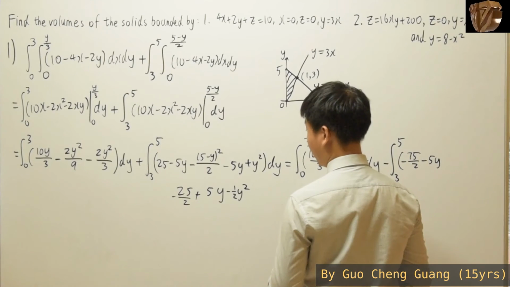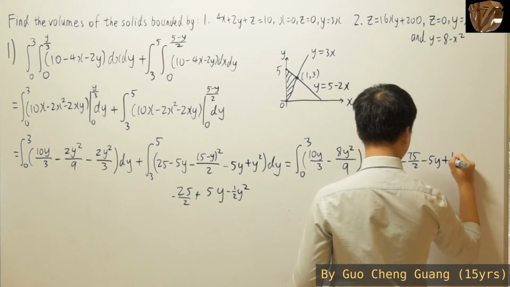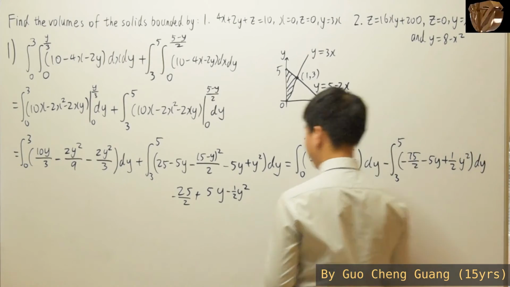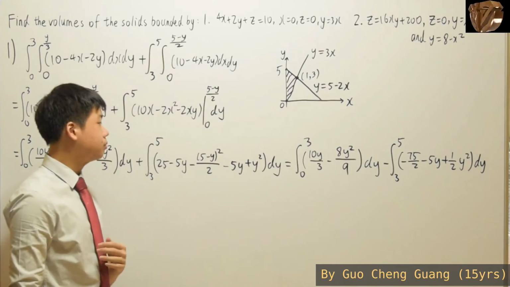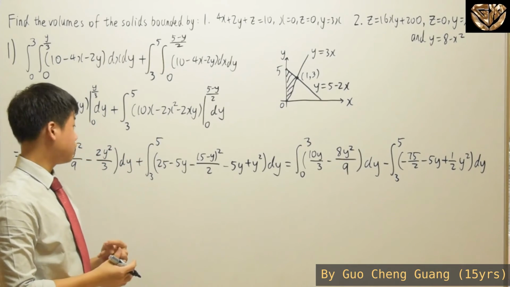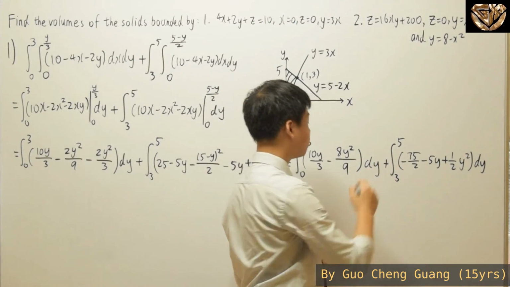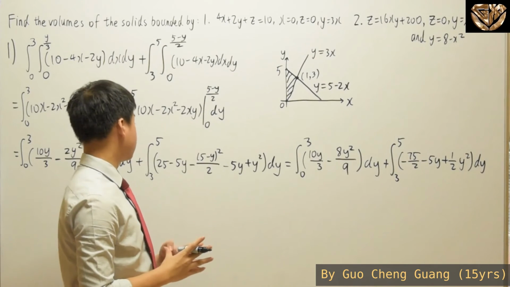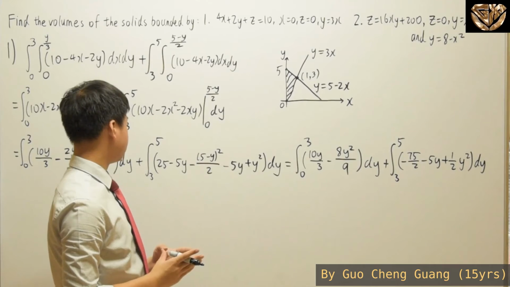And for a term with y squared, that will be plus half y squared, and then dy. Alright, so this is what you will be seeing. Right? Now the next part is just to integrate each and every one of them.